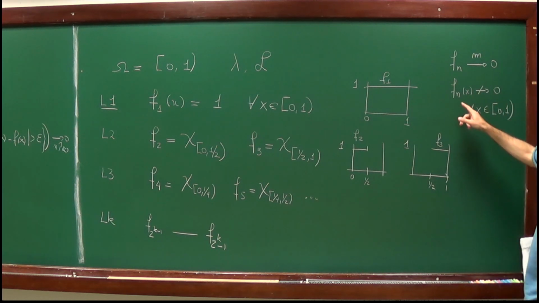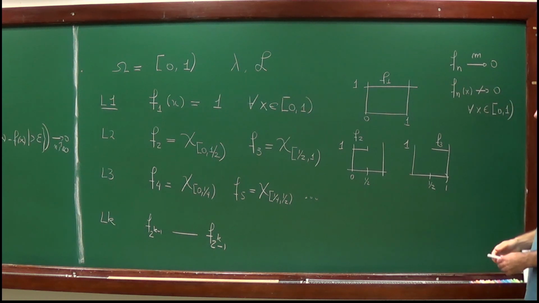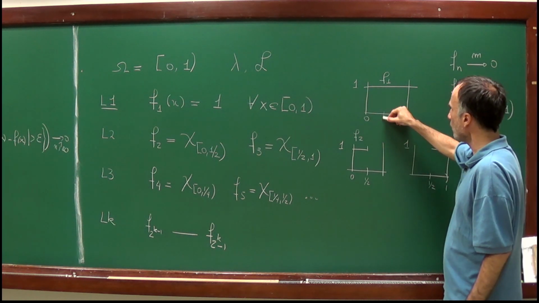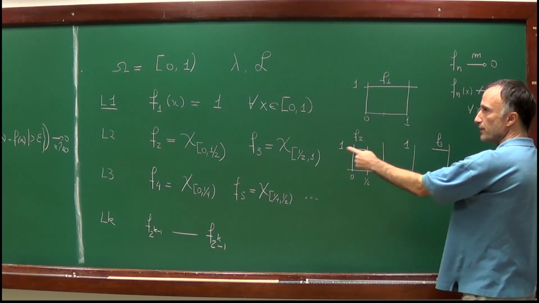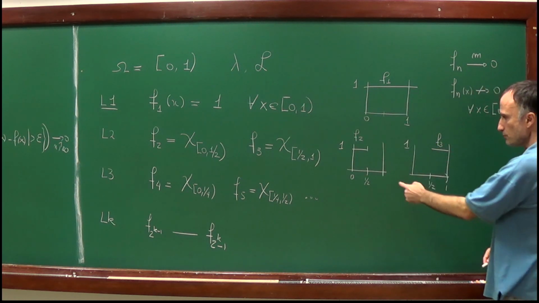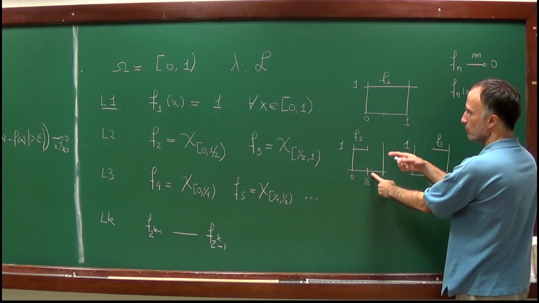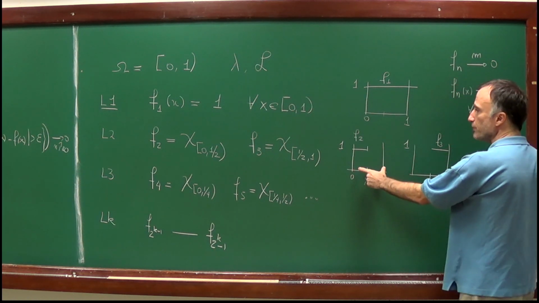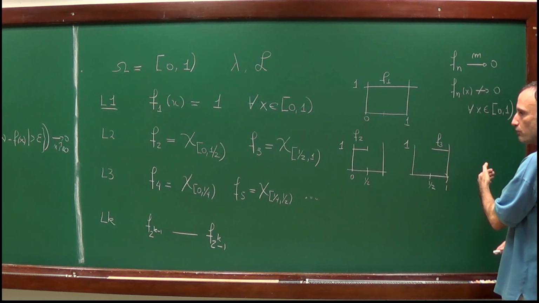So let's see why f_n(x) does not converge. At level 1, if you take any point x, it's just equal to 1. Then if you go to level 2 and fix any point x, it will be either 1 for one of these functions and 0 for all other functions.